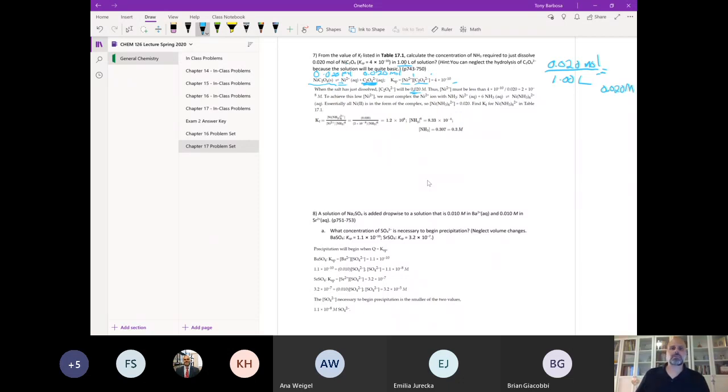So that gives us our concentration that we see here in the problem. It says then, thus, the nickel 2 plus has to be less than 4 times 10 to the minus 10th divided by that 0.020 molar to achieve the solubility. So what does this mean?